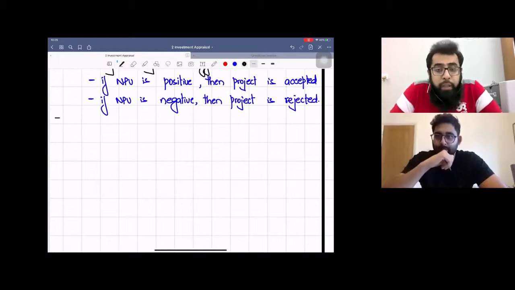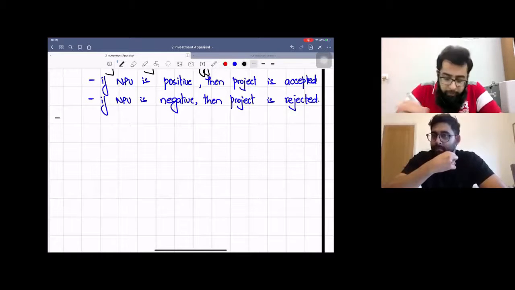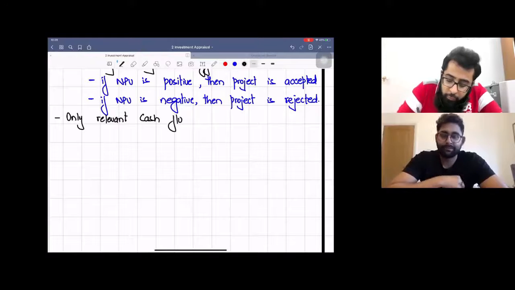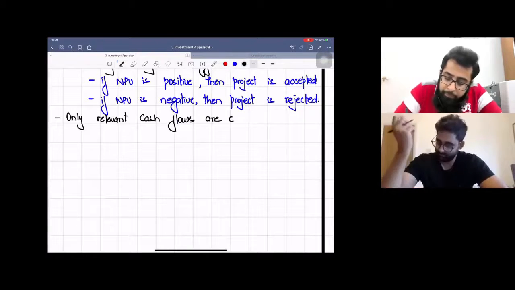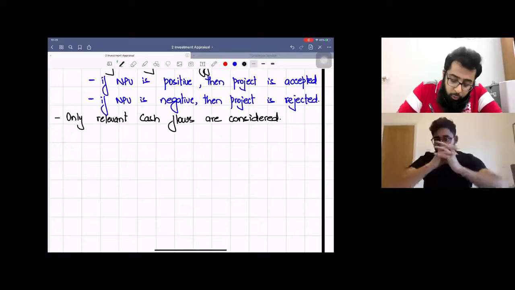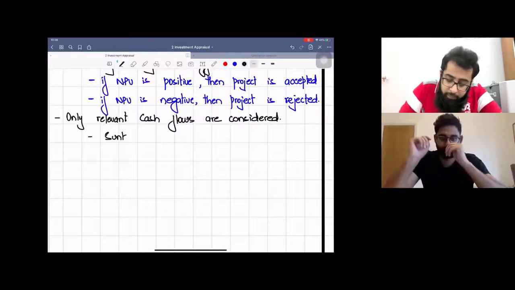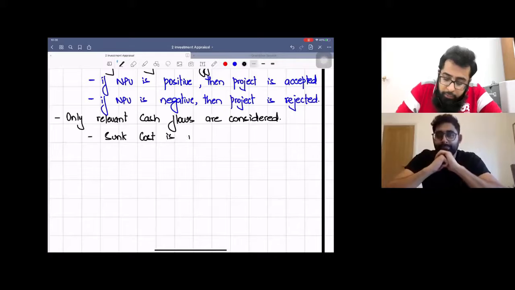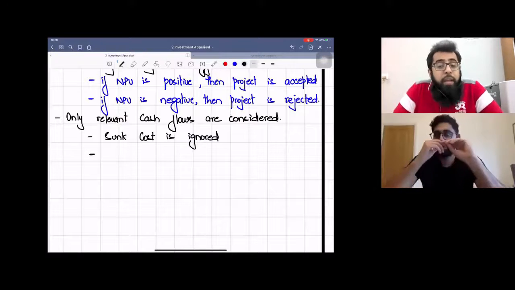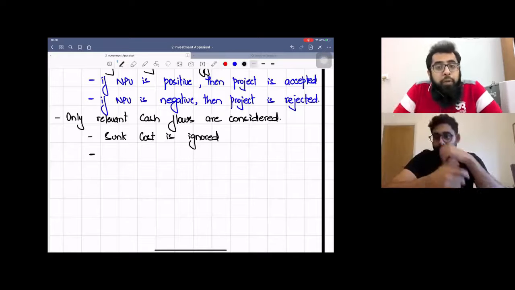Sunk costs are costs which have already been incurred. For example, the project research cost is a sunk cost because it will never be recovered, even if you start the project or you don't start it.